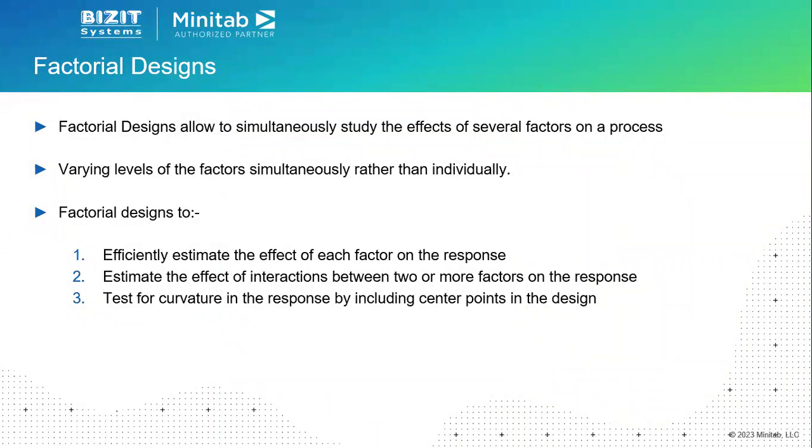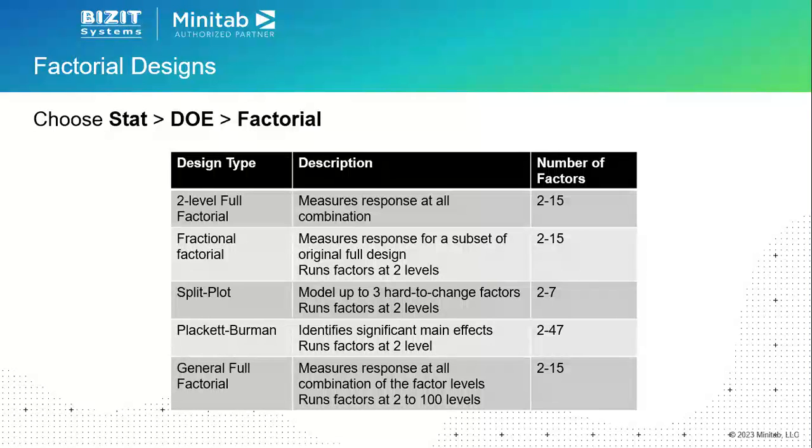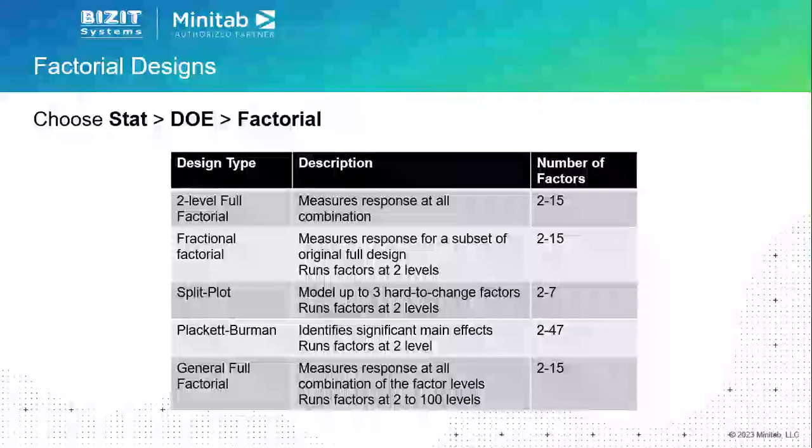Those are the advantages of using factorial design. We have a lot of types of factorial design here: two-level factorial design, fractional factorial design, split plot, Plackett-Burman, and general full factorial design. Just to give you the information, if your factor has 3 levels, you can proceed with the general full factorial design.